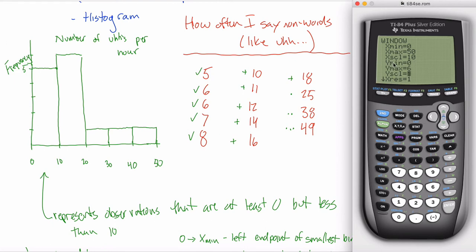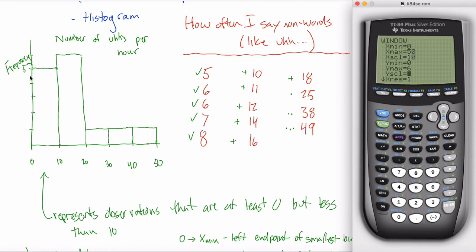For what it's worth, in this class you can always make your Y min 0, your Y max 10, and your Y scale 1. That's because I will never give you so many observations that you will have more than 10 in a given bin. So your Y max can be bigger than 6. It's okay if I show my window all the way up to 10. Just don't make it so huge. Don't make it 1,000, because if the window goes all the way up to 1,000, these will all be scrunched down at the bottom and you won't be able to see them.